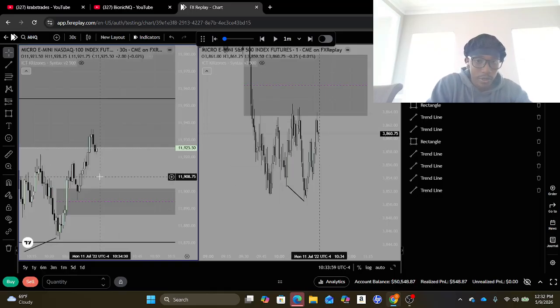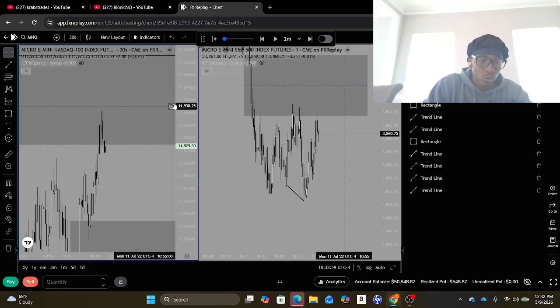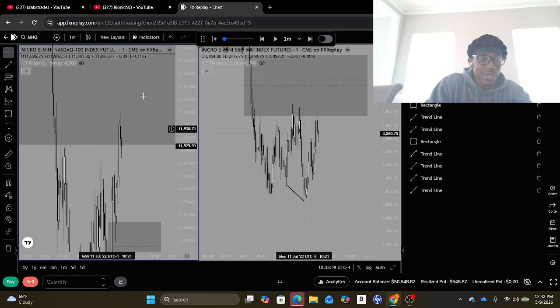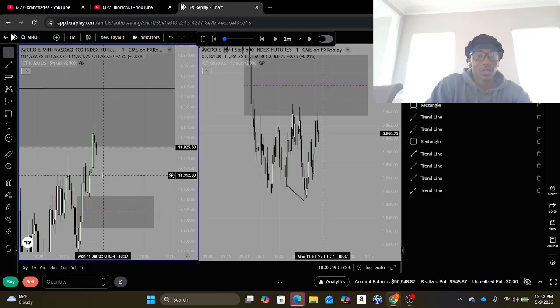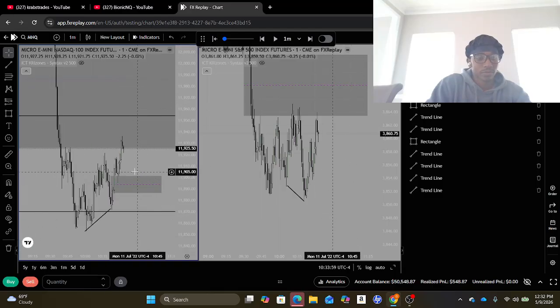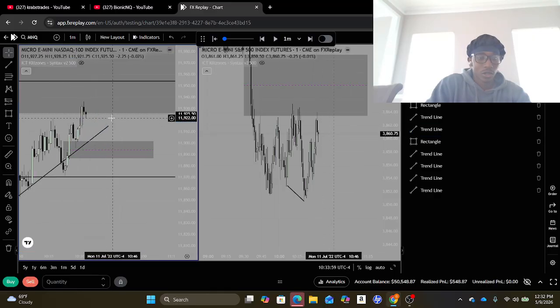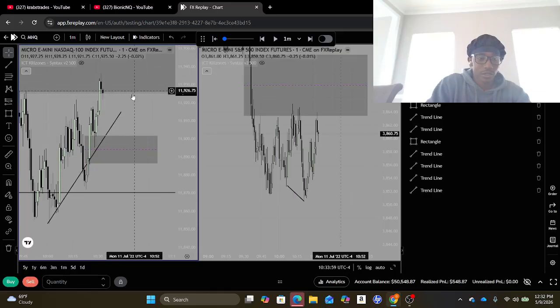Let's see, my bad. 30-second gap. That's the thing, though. I don't take 30 seconds that often. We have a bunch of LRL, though. And the draw on liquidity is still intact.